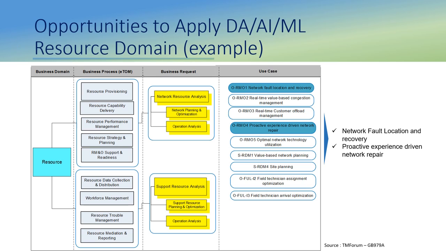Highlighted network fault location and recovery or proactive experience-driven network repair are potential candidates requiring anomaly detection and prevention.